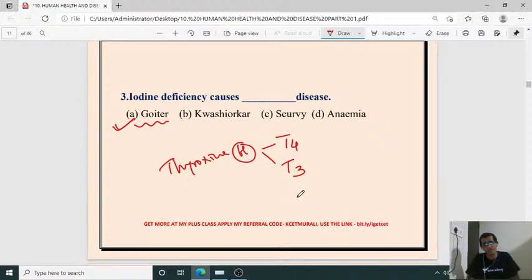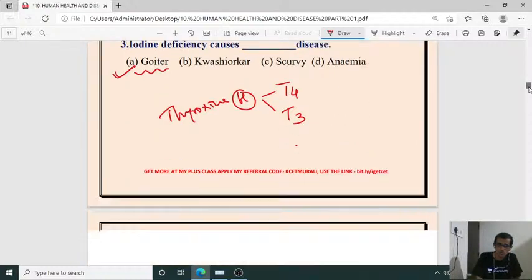As a result of that, we can observe the deficiency of total thyroxine hormone, and that will adversely affect the total physiological functions related with it.